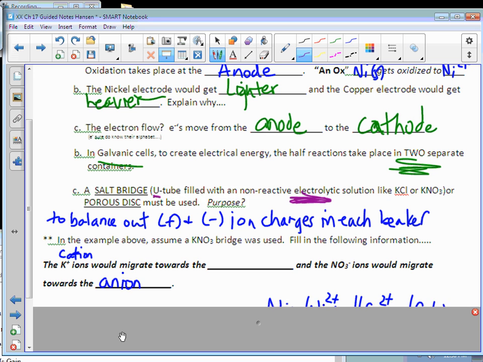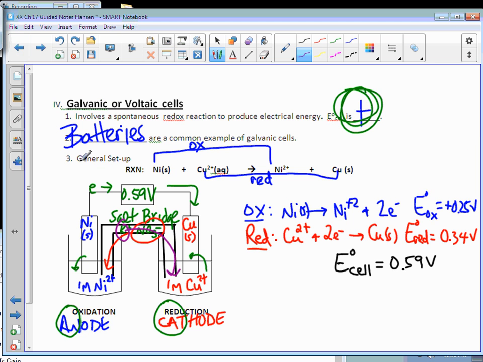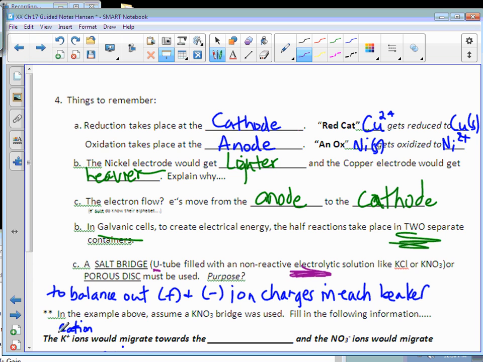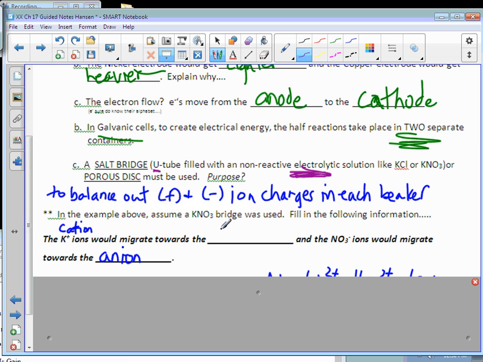How does it work one more time? The potassium ions, the cation, would migrate towards which side, the cathode or the anode? The K plus goes to the cathode. So the cation would migrate towards the cathode.